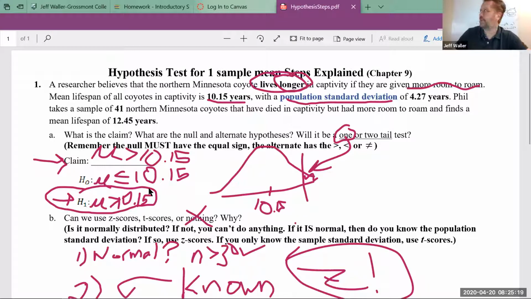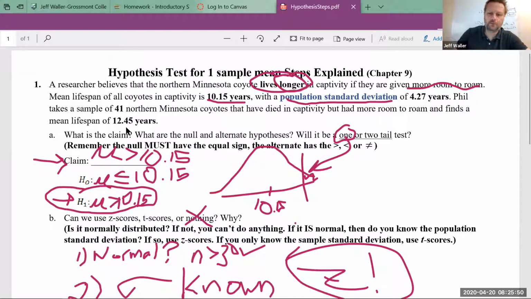What came from the sample? Anybody? Are you guys still with me? Has my Wi-Fi totally stopped? Is everybody still out there? What's the sample mean? Yes, thank you, Rudy. I know what you mean, Livia. Put those together. Okay. So the sample mean is 12.45.